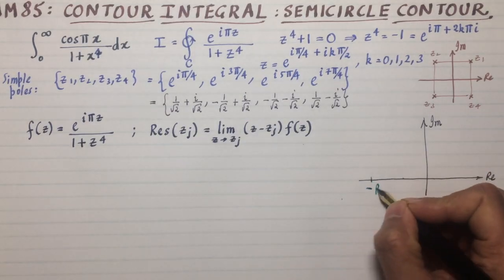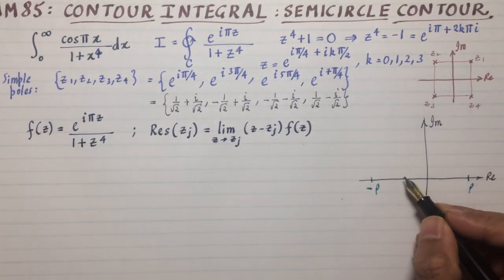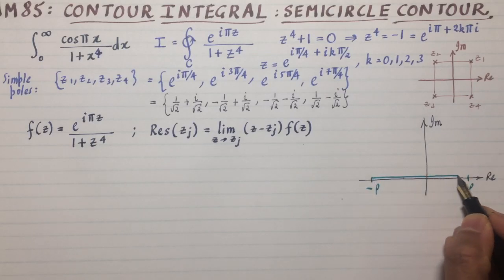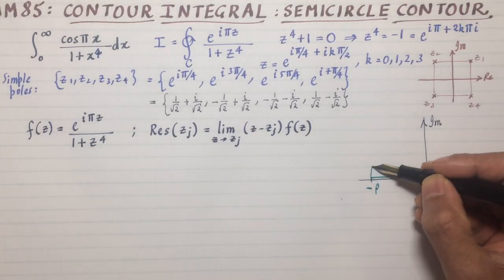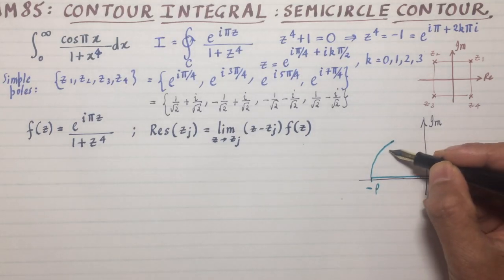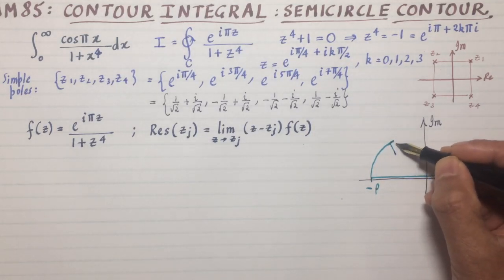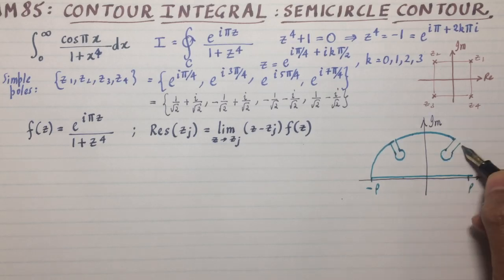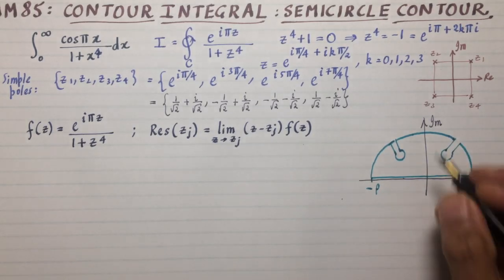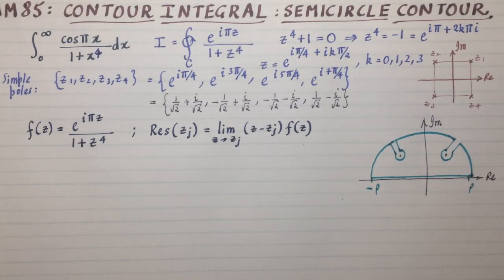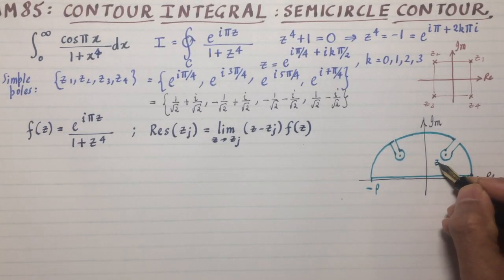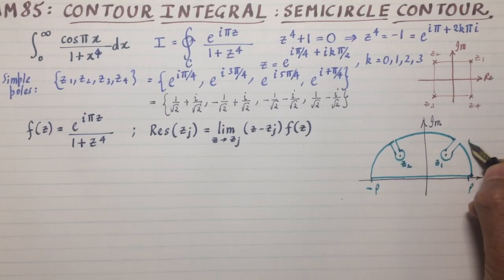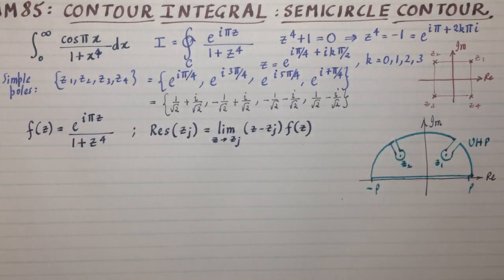We're going to go from minus rho to rho, rho being the magnitude of the complex number, and then go to infinity in such a way that you put a contour around these poles, z1 and z2, because we're in the upper half plane, sometimes called UHP.